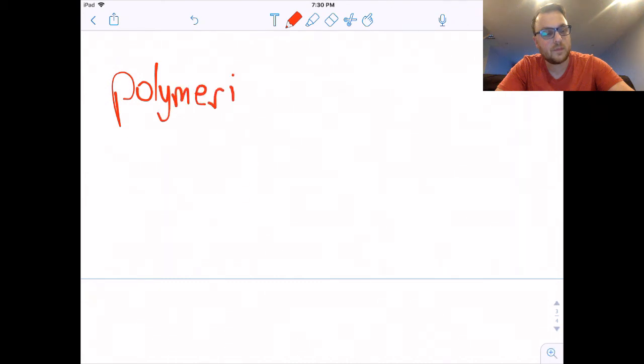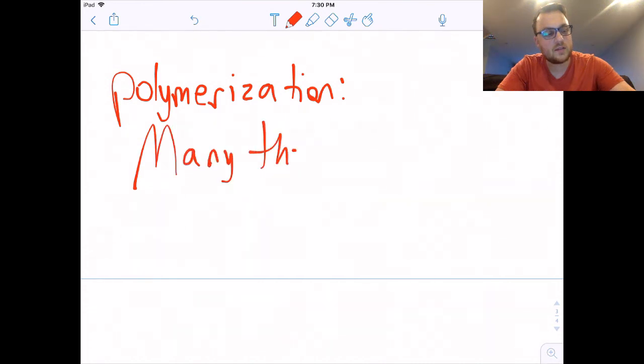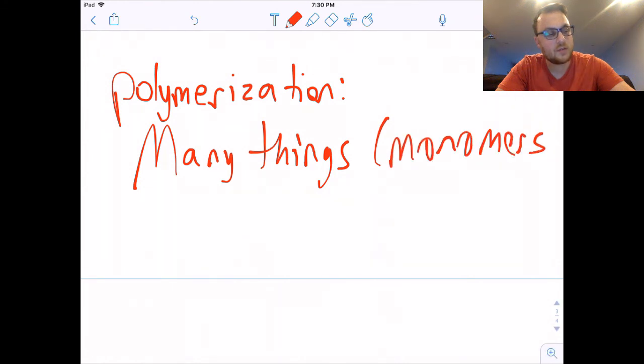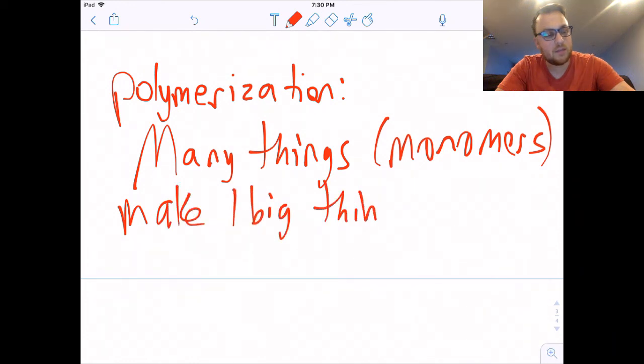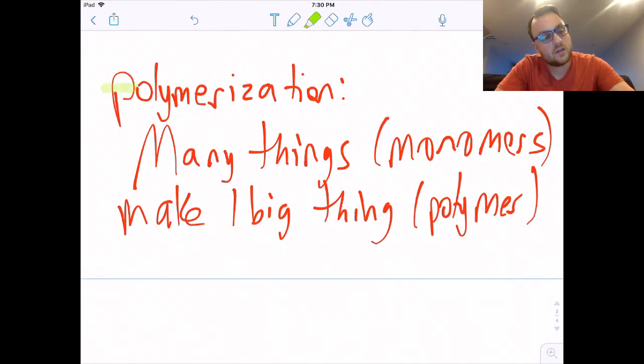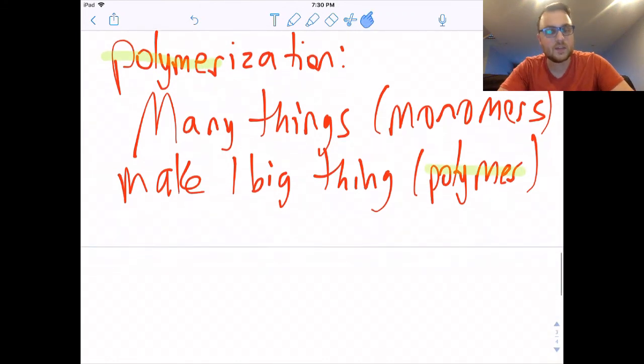So polymerization is many things, which you might remember the word from bio called monomer. So many monomers make one big thing. And that big thing is typically called a polymer. Like polyester. Polymer, polymer. So, how do you see this reaction?